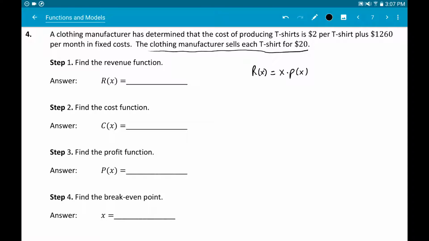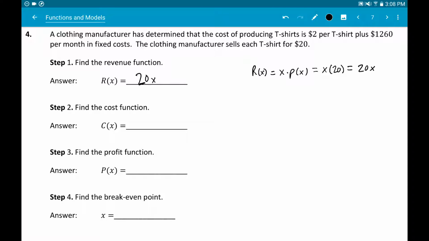The price is $20 is what that's saying. So all we've got to do is say x times that price, x times 20, or in other words 20x is going to be our revenue function. Not bad. Just multiply the price times x.